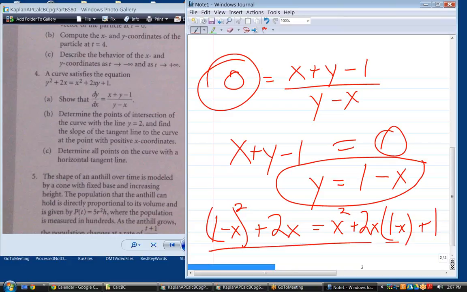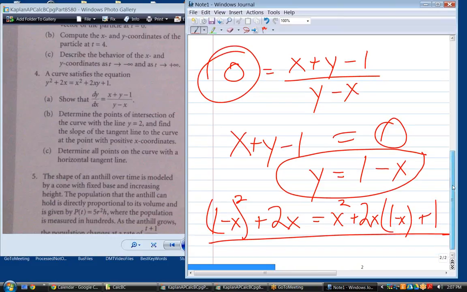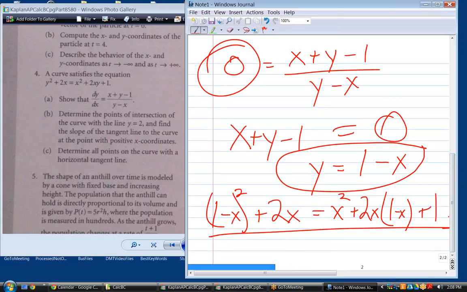And we can see that we now have a quadratic. Definitely going to be a quadratic. Oh, no it isn't. Notice that, oh yes it is. Let's go ahead and expand this out.